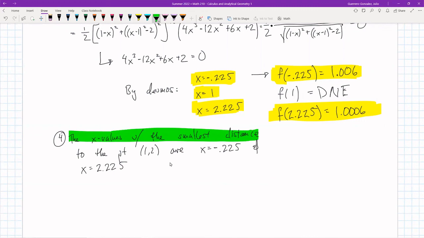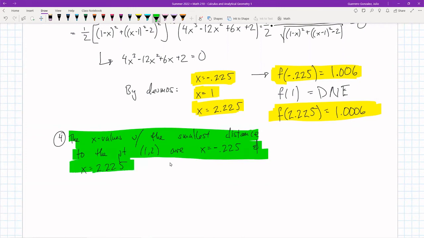Remember what we were trying to do: find the points where the distance to the point 1 comma 2 is the smallest, but it's got to be on that graph, on f of x. That's exactly what we did. The 2 points that do it are x equal to negative 0.225 and x equal to positive 2.225.